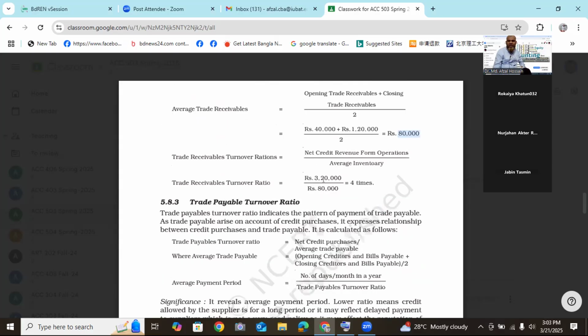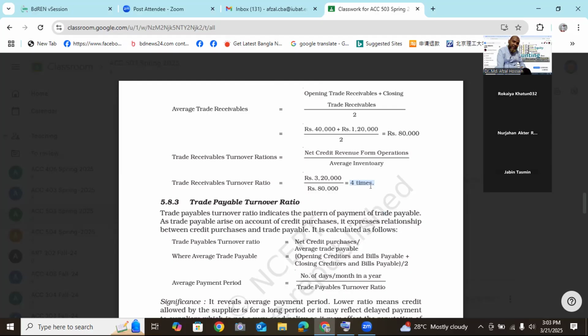So what is the answer? Net credit 3 lakh 20,000 divided by 80,000 is 4 times. What does it mean? 4 times. This is important for you. It means you can convert your average receivables into net credit revenue from operations 4 times.